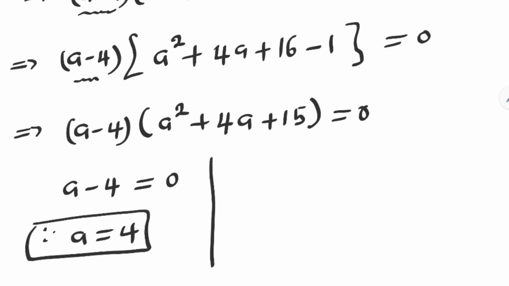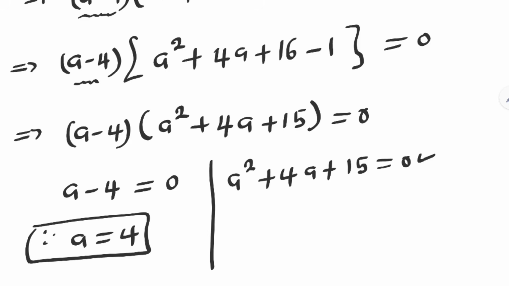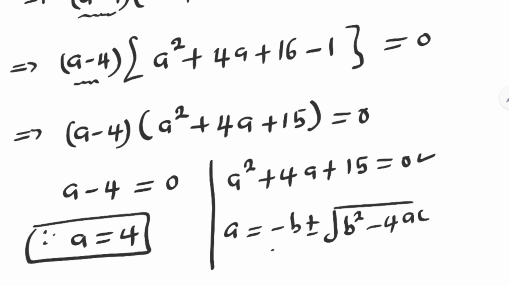And the second case is a squared plus 4a plus 15 is equal to 0. This is a quadratic equation which can be solved using the quadratic general formula. And our quadratic general formula in this case is giving us a is equal to minus b plus or minus square root of b squared minus 4ac over 2a.